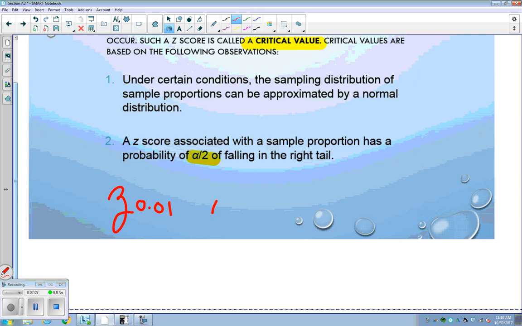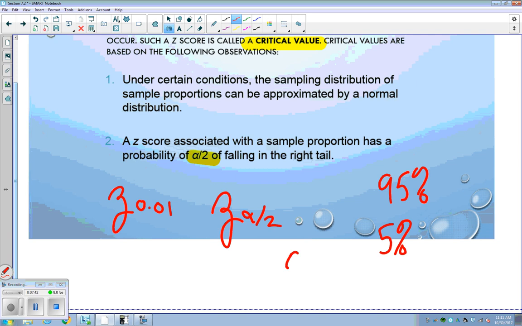What it's saying is we're going to find z at alpha divided by 2. And again, that's going to be the area to the right of that z. So if we had a confidence interval of 95%, alpha is 5%, right?